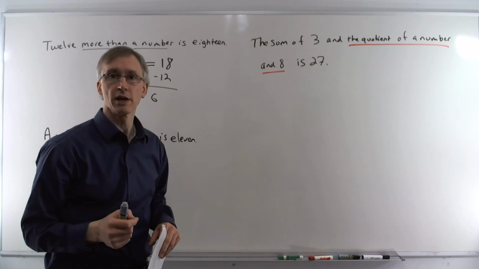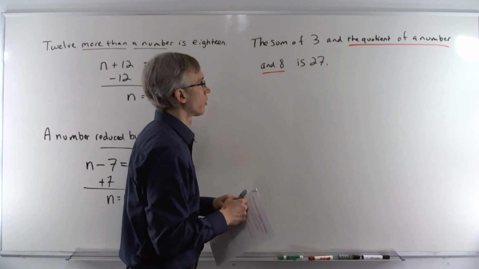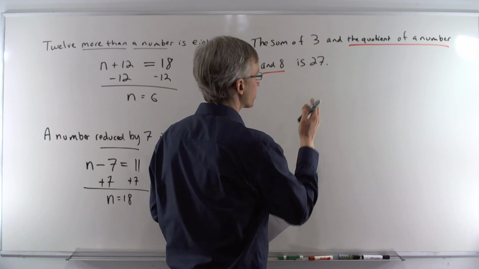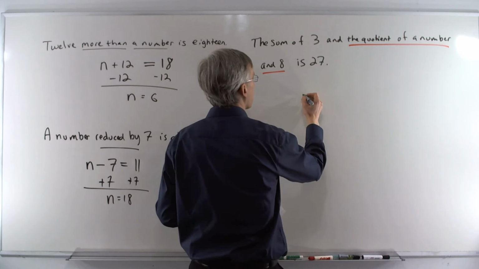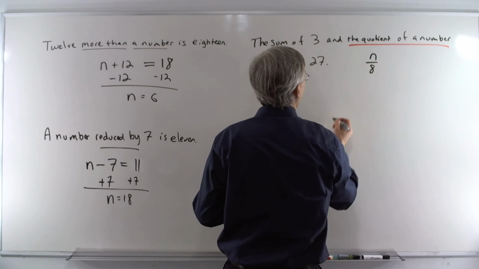So just like with expressions, we can start off by translating the simple expression first. The quotient of a number and 8. Quotient is division, so that translates into n divided by 8.